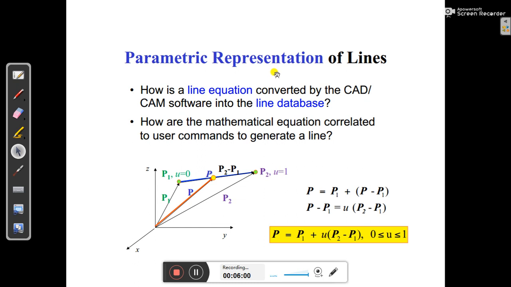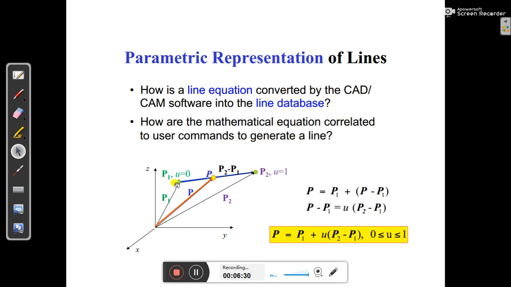Parametric means an equation depends upon some parameter, which might be time. So how is a line equation converted by CAD or CAM software into the line database? How are the mathematical calculations or equations coded to user commands to generate a line?